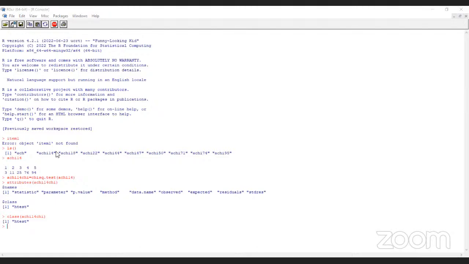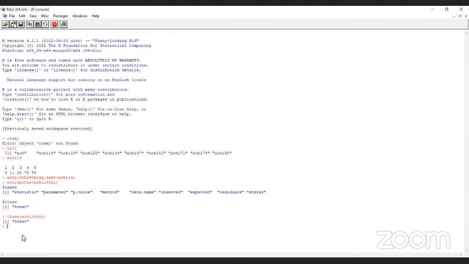Now, if you want to know what is in observed, what is in expected, what is in residual, then how do you get it?